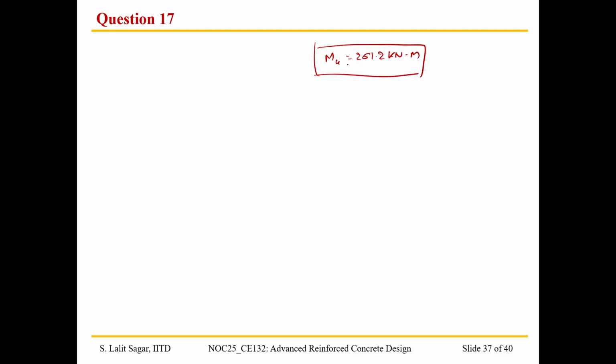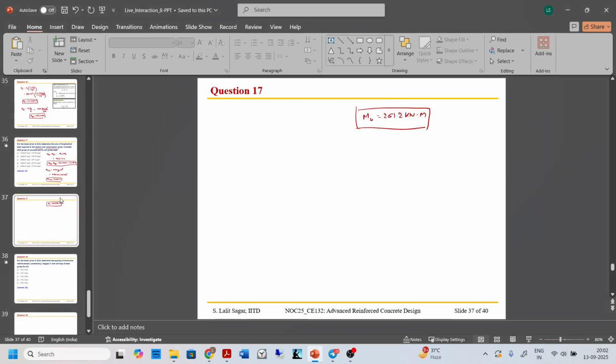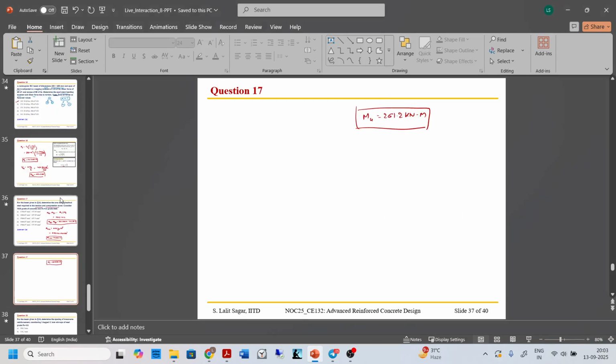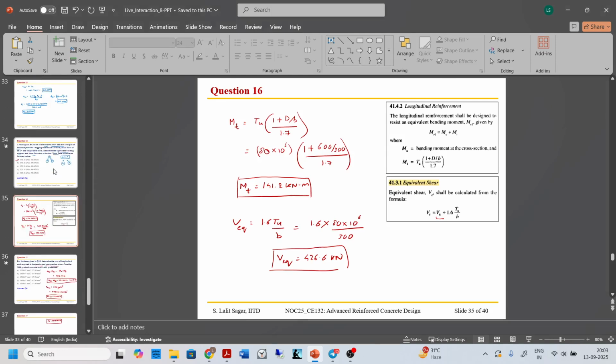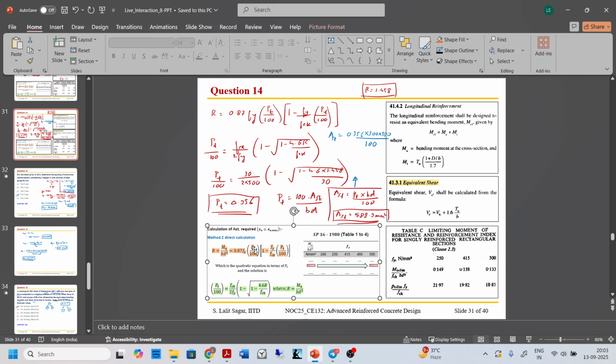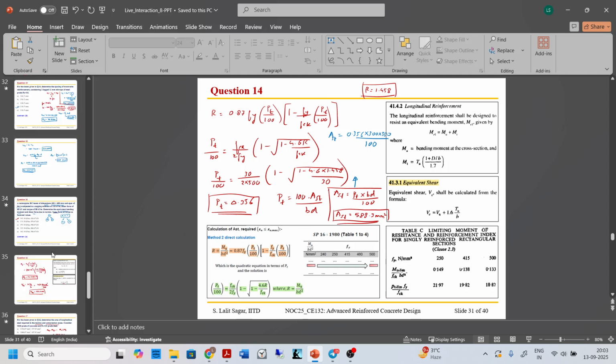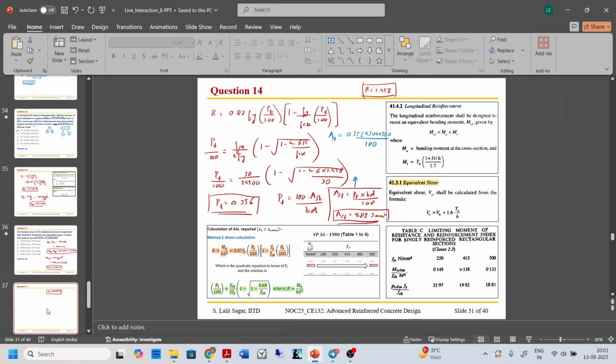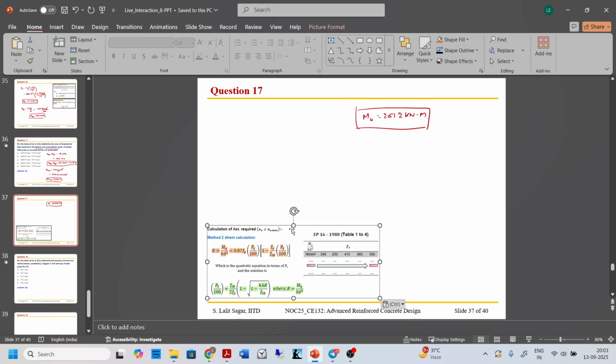Now again there are two options to design this problem. To design the beam, let me pull up this equation. We can use this direct method, or we can use the shortcut method also using SP16.